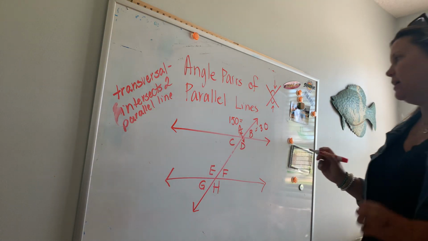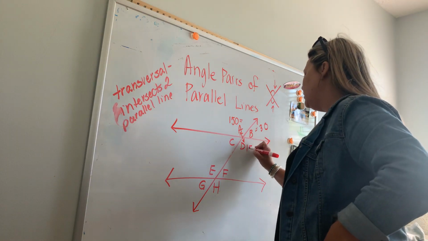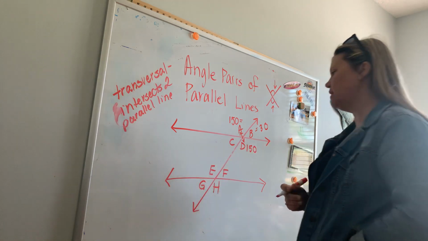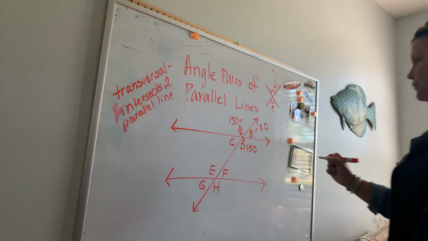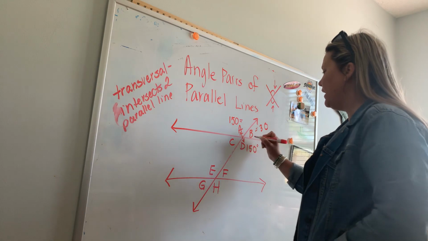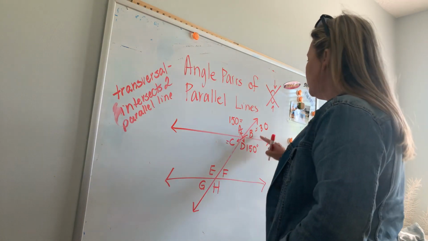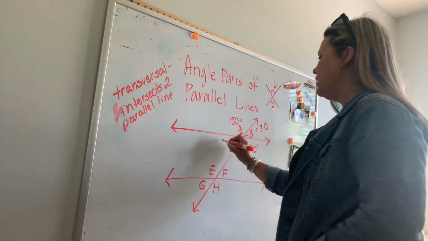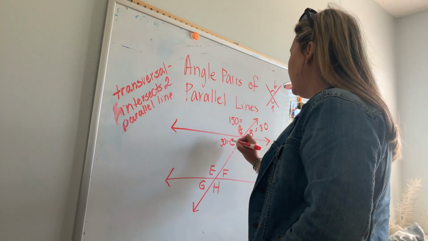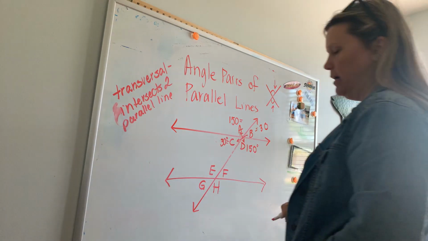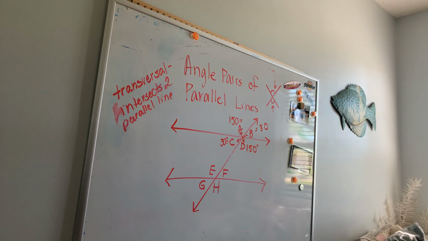That means that they are equal. So angle D is 150 degrees. And angle B and angle C are also vertical. So if B is 30, that means angle C is 30. So that's vertical angles.